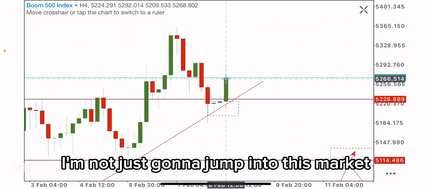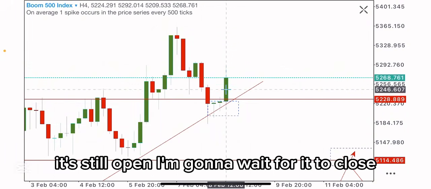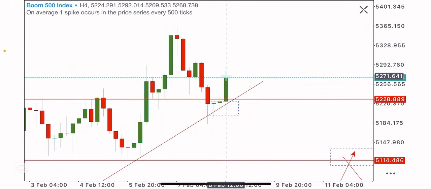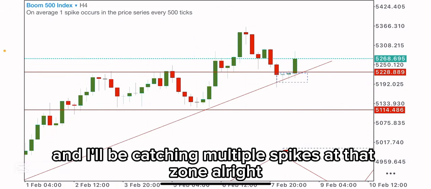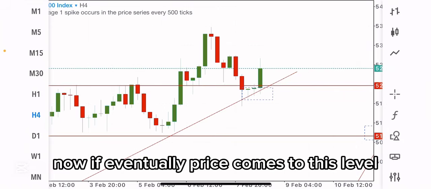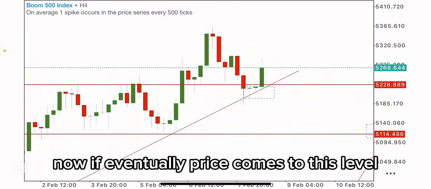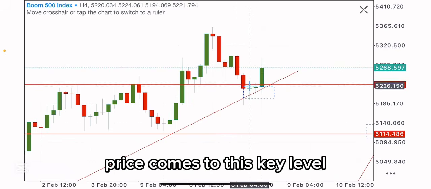I'm not just going to jump into this market because this market is still open, right? I'm going to wait for it to close before I take my buys, and I'll be catching multiple spikes at that zone.